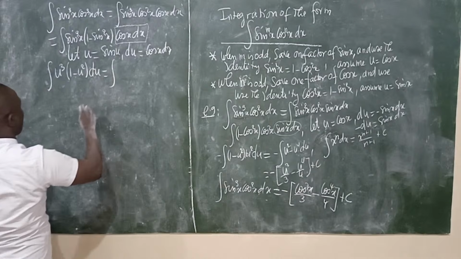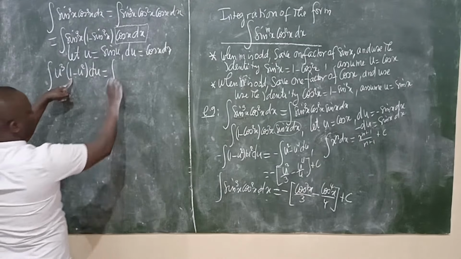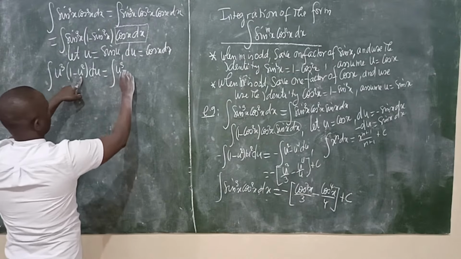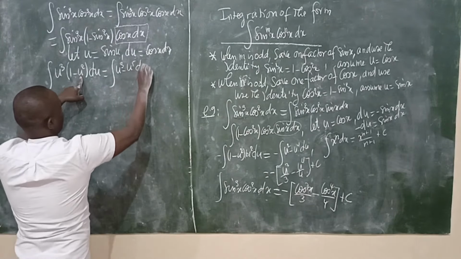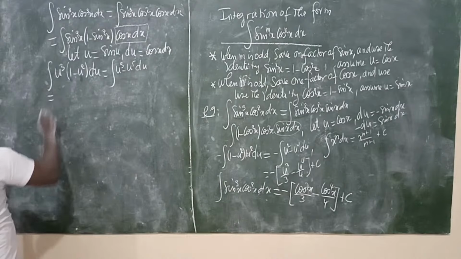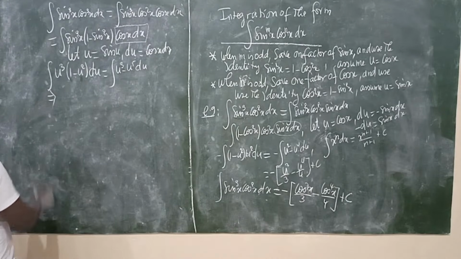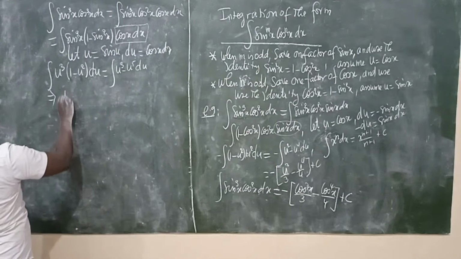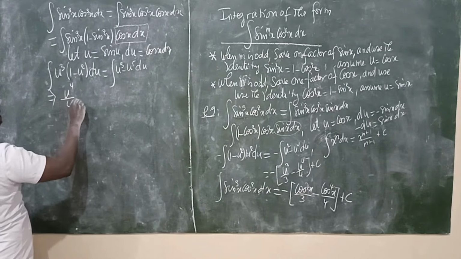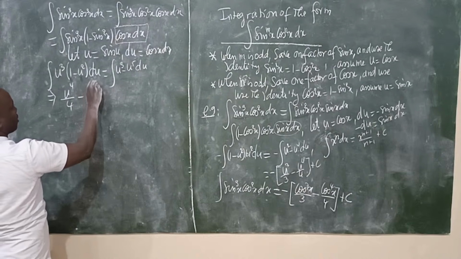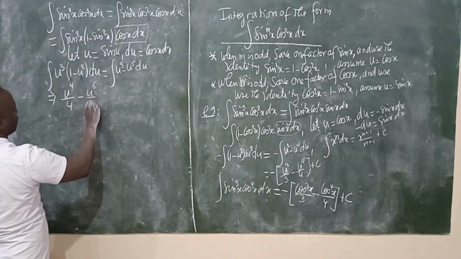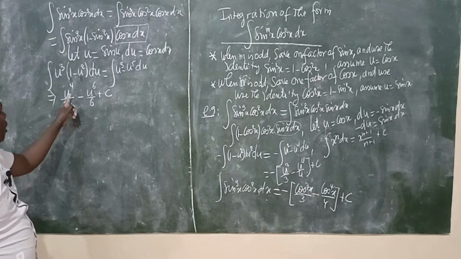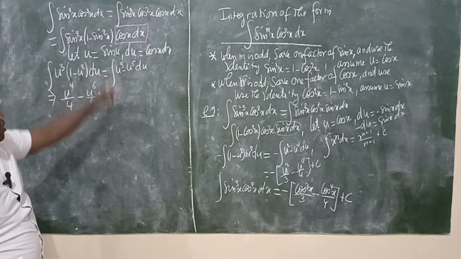This is u^3 times 1, that is u^3, minus u^3 times u^2, that is u^5 du. Remember we add 1 here, we have u^4 divided by 4 minus u^6 divided by 6 plus c. And just to remember, our u was assumed to be sine x.